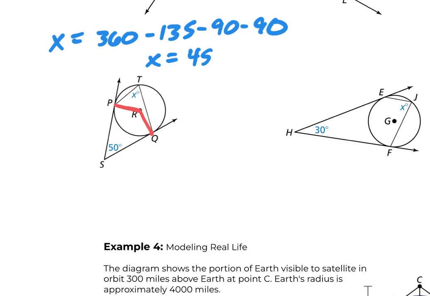Okay, now, here's where it's going to be different. We're still trying to find out x, and I'm going to show you how you can get to x. I still know that this is 90. I still know that this is 90, right? So I could, once again, do 360 minus 50 minus 90 minus 90. And I subtract all that out.